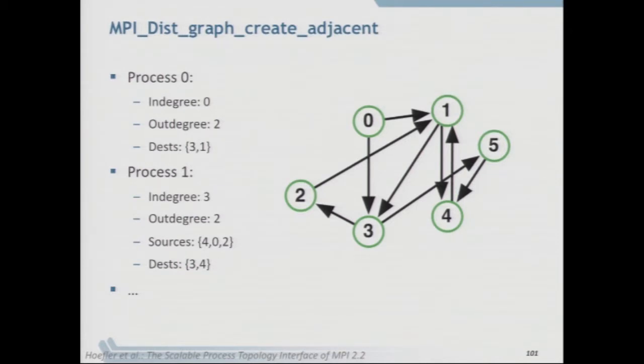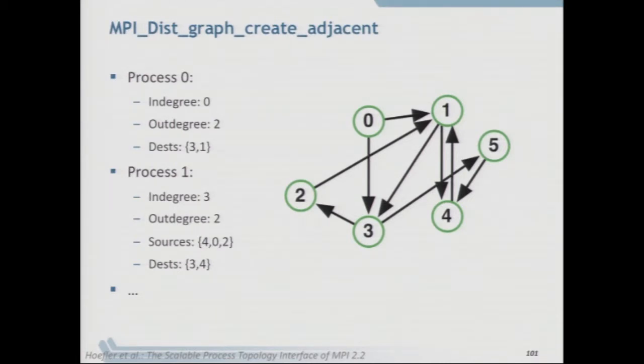So you have to know the communication graph, and MPI doesn't give you a way of finding this, but you could use some performance tool or profiling tool that might give you this information. So rank 0, if you see, is sending to rank 3 and to rank 1, and it's not receiving from anybody.